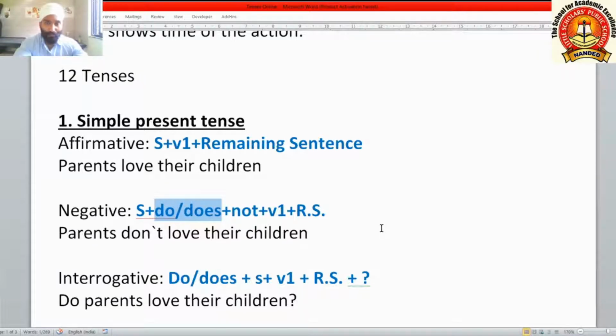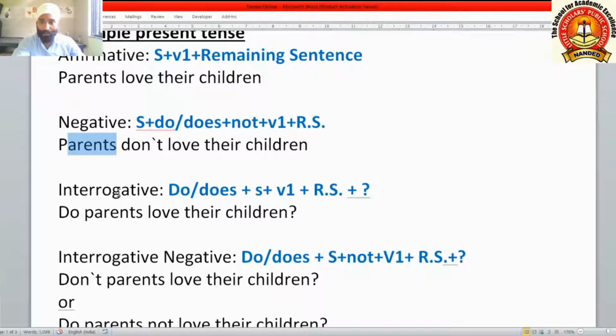If the subject is plural, we use do as the helping verb. If the subject is singular, we use does as the helping verb. After that, not follows. Example: parents don't love their children. Here do plus not becomes don't. So here we have used do because parents is a plural noun.